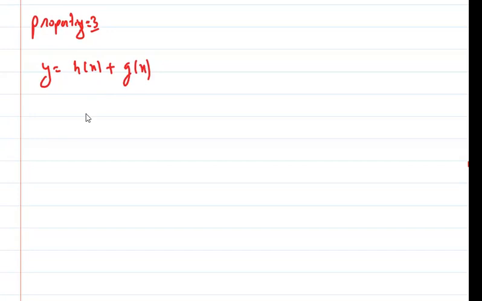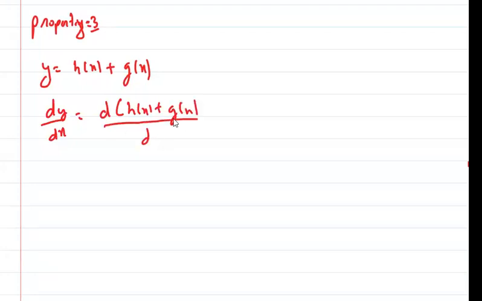Suppose ये दो function का sum है, addition है, तो dy by dx जो होगा, dy by dx will be d. अब ये total differentiation होगा, which is d of h of x plus g of x by whole by dx. Now the property says that if I'm having something like this, it can be separated. Yes, it can be separated, which is d of h of x by dx plus d of g of x by dx. Got it? हाँ या ना?